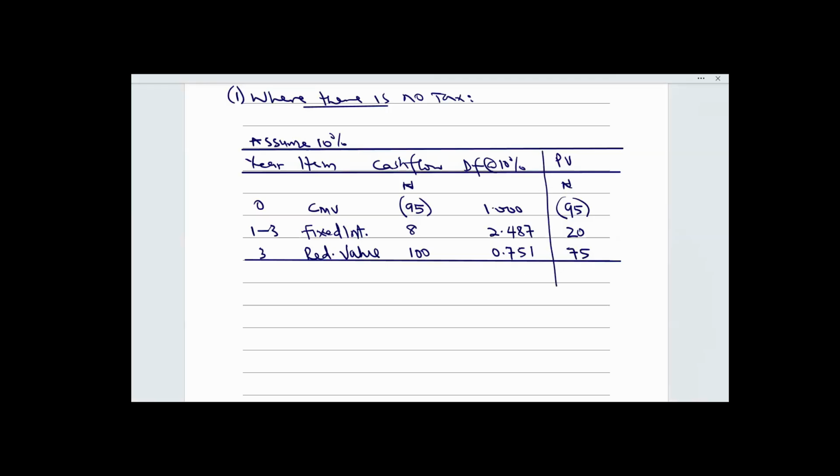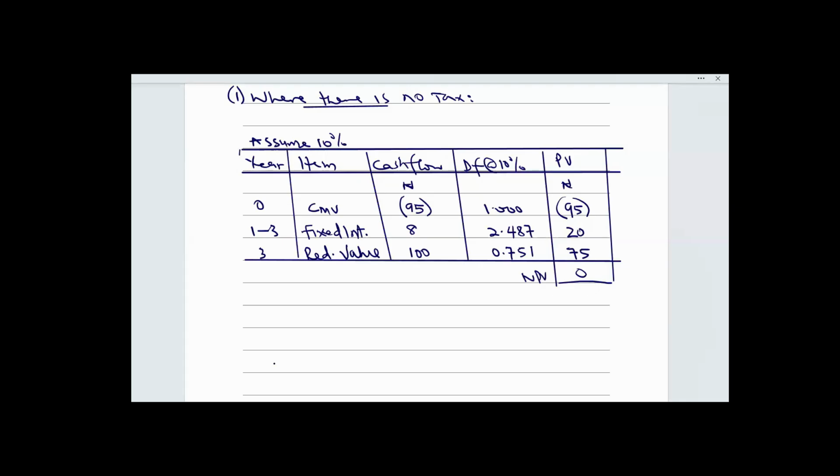Therefore, 75 plus 20 will give us 95. 95 minus 95, 0. So in this case, we don't need to be sweating again, no need to calculate internal rate of return because we have found our answer.